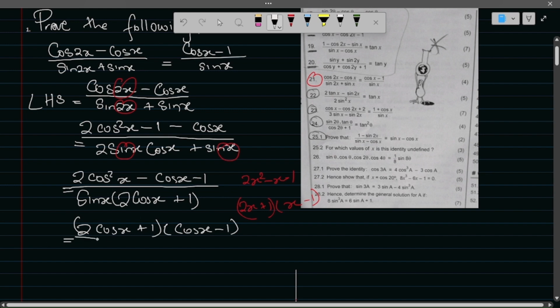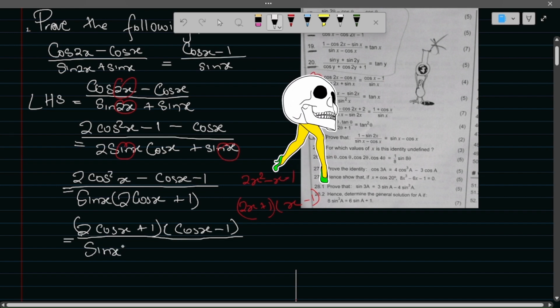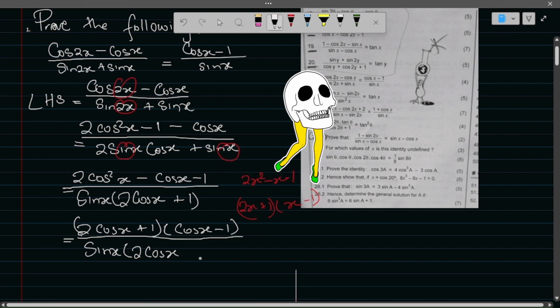Also in the denominator we have sine x times 2 cos x plus 1.